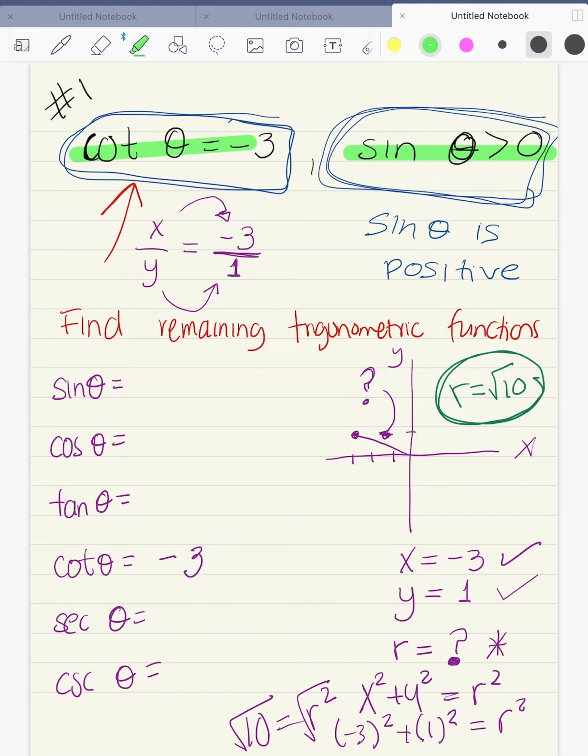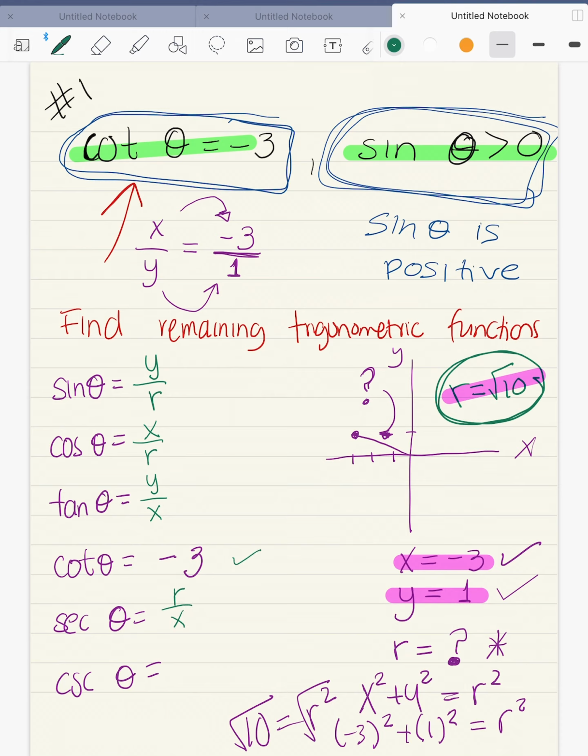So we know what my x is, we know what my y is, and we know the r, which is square root of 10. I am doing that because I need to find all the 6 trigonometric functions. And I know that sine, on the unit circle, was y. But in any circle, sine is y over r, and cosine is x over r, and tangent is y over x. Cotangent is given.